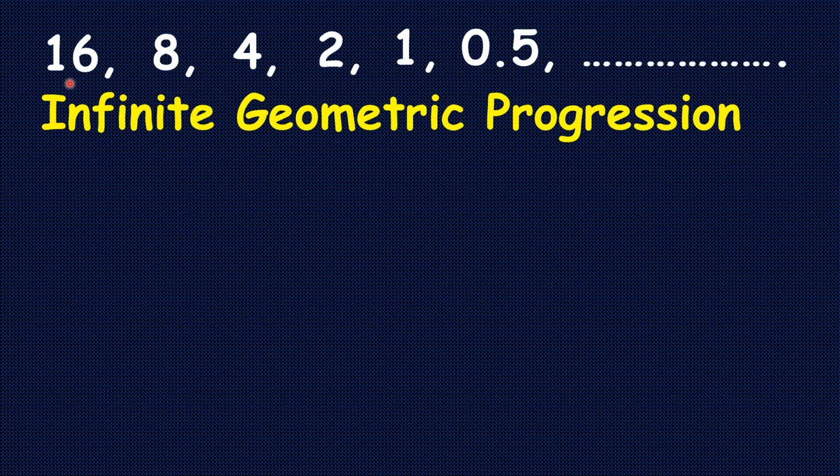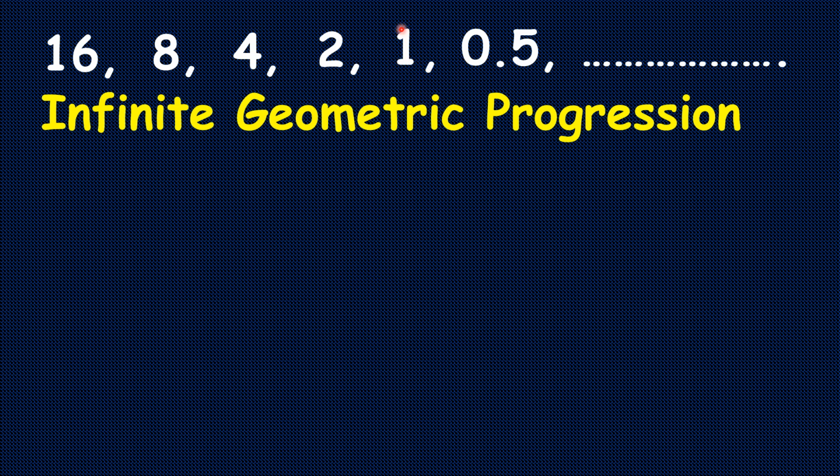Now, what is the relationship? The second term divided by the first term, that's 8 divided by 16, is half. 4 divided by 8 is 1 over 2, which is also half. 2 divided by 4, which is also half, that is 1 over 2.